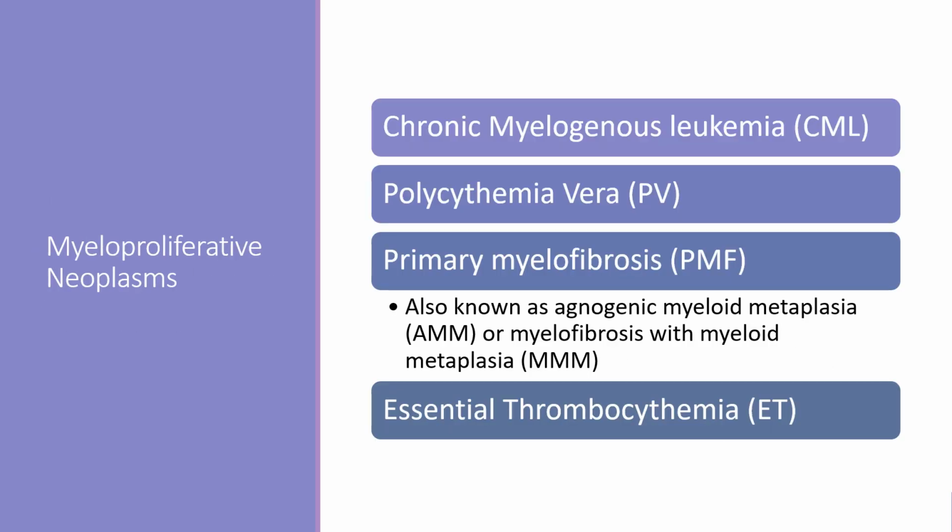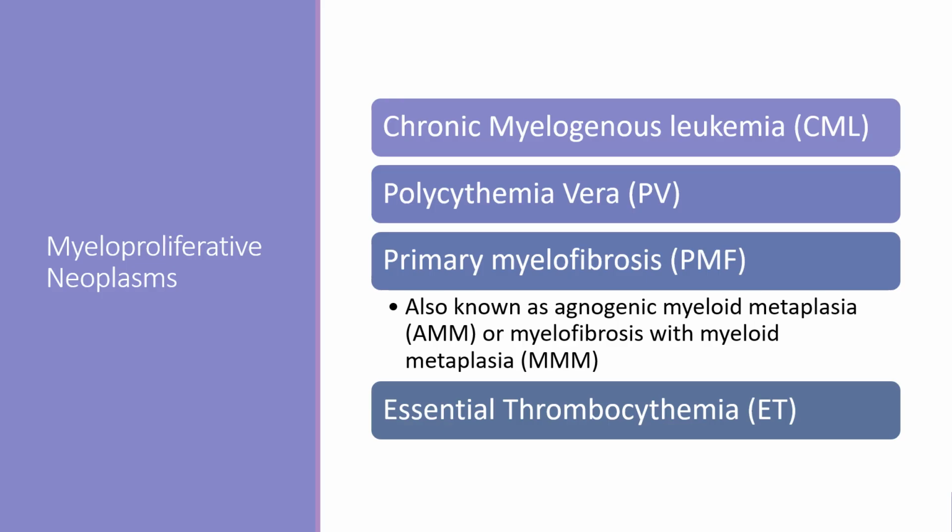So let's look at a few of our culprits. Now, we have already mentioned CML. It is classified as one of our chronic leukemias. In this case, it is a chronic myelogenous or myelocytic leukemia. We also have polycythemia vera.